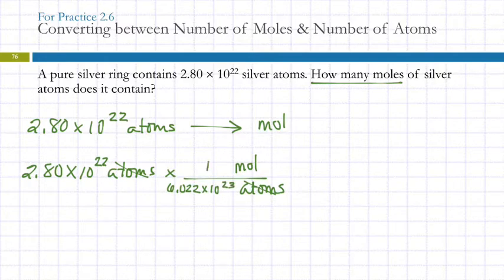Now, please do this on your calculator, because if you're using scientific notation wrong, you're going to get the wrong answer. And it's one of those little glitches that'll cause you to lose points and not do well on an exam. So 2.8 EE22. The EE or EXP button on your calculator stands for times 10 to the.